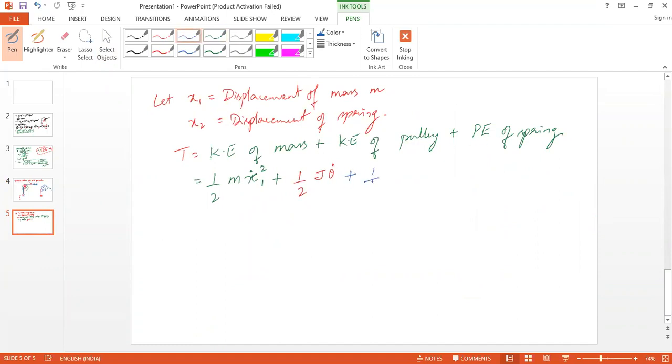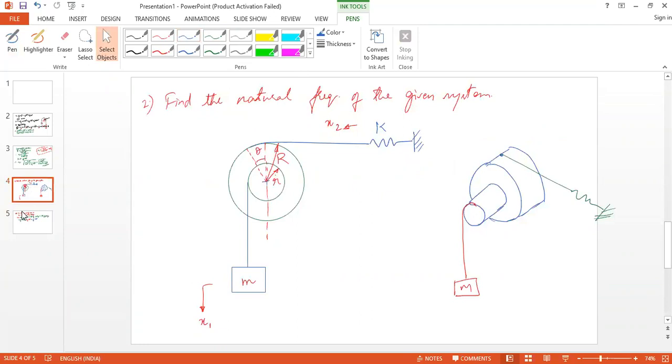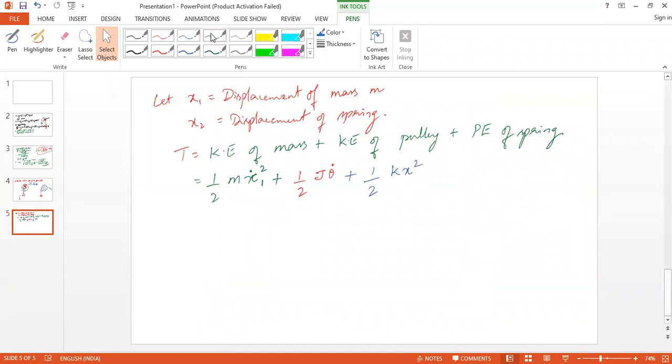Potential energy of the spring is half k x square. So x1 or x2? x2.